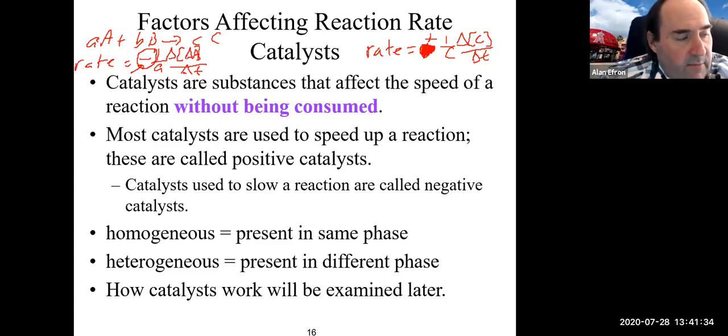And typically, when you calculate the rate, it should be a positive number. How the concentrations of reactants are changing will end up being a negative number. How the concentration of the products are changing over time will end up being a positive number, just to indicate negative decreasing with time, positive increasing with time.